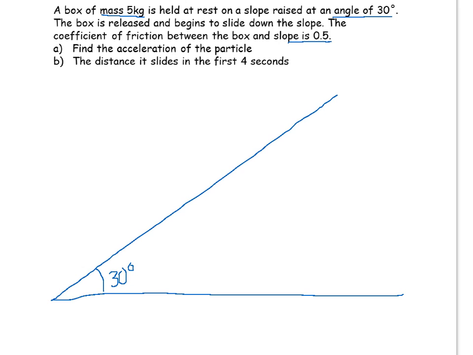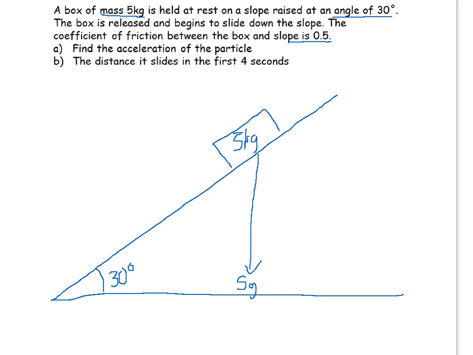We've next got our box, which has a mass of 5 kilograms. Now, if its mass is 5 kilograms, acting directly downwards, not perpendicular to the slope, it's directly downwards, is 5g, its weight.